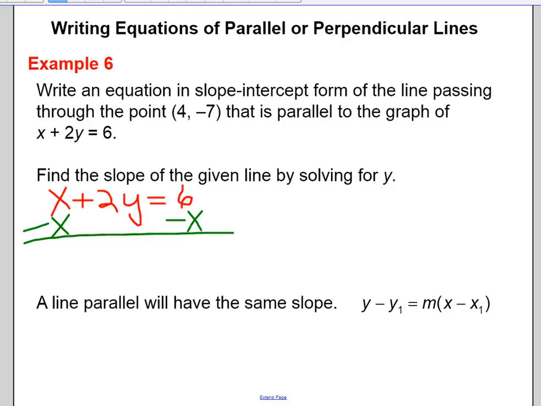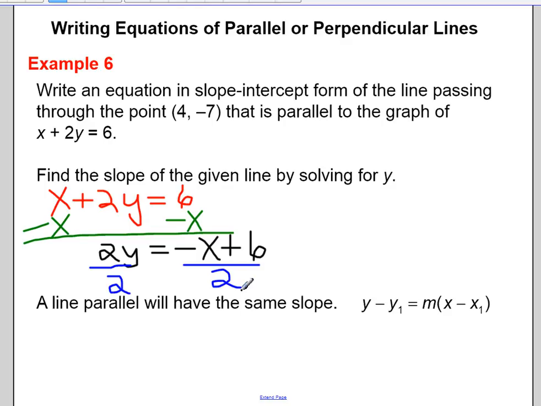Then we get 2y equals, and we'd like to write the x term first, so that's negative x plus 6. Finally we divide both sides by 2, so we get it in slope-intercept form.